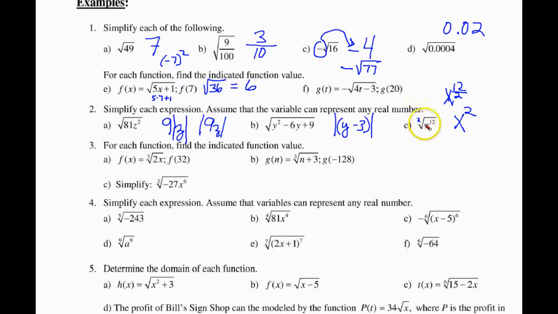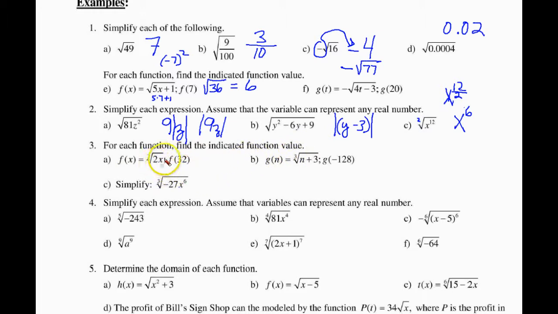So if mentally, you sort of take away the radical sign, take your index number and divide it into the exponent, that will give you 6. There we go. So 12 divided by 2 is 6. All right, for each function, find the indicated function value.